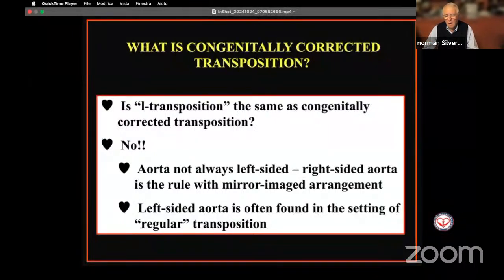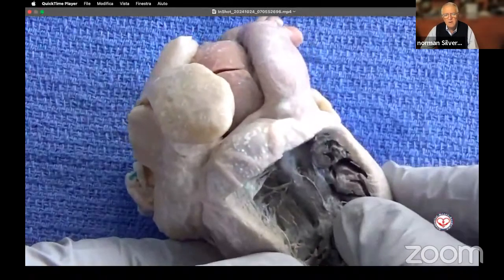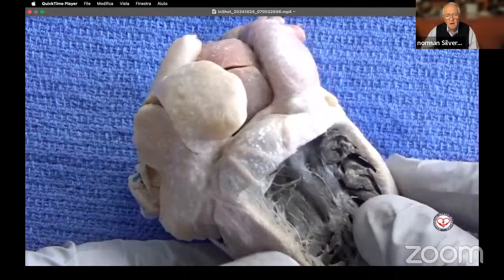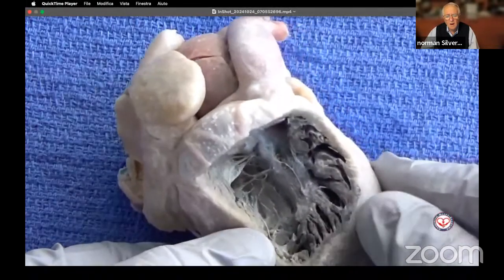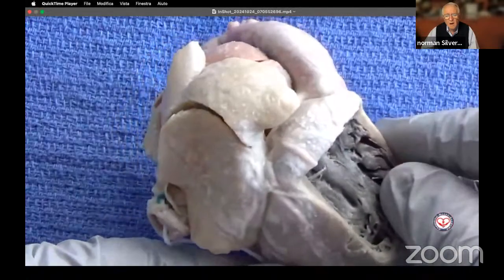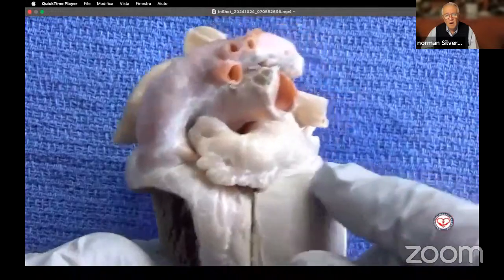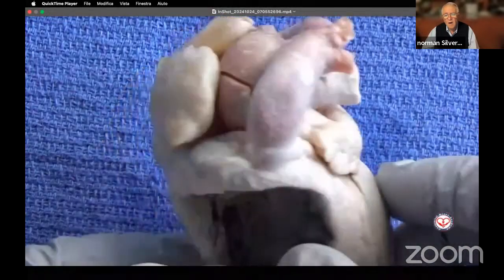So let's now look at an example where we have regular transposition, but the aorta is left-sided. This specimen has usual atrial arrangement and transposition, or discordant ventriculo-arterial connections. So there is our morphologically right atrial appendage to the right and our morphologically left atrial appendage to the left.